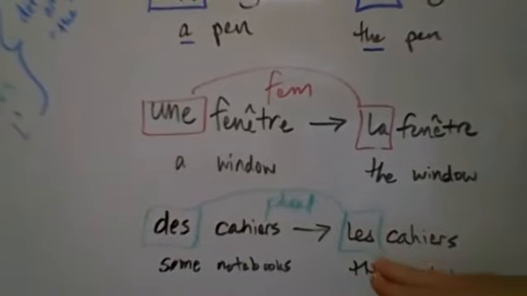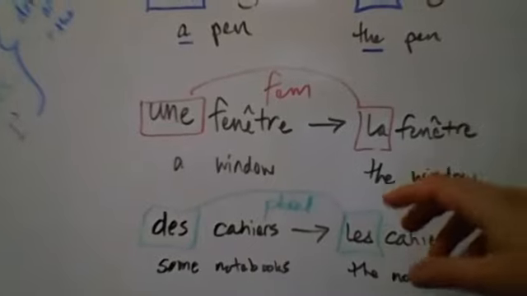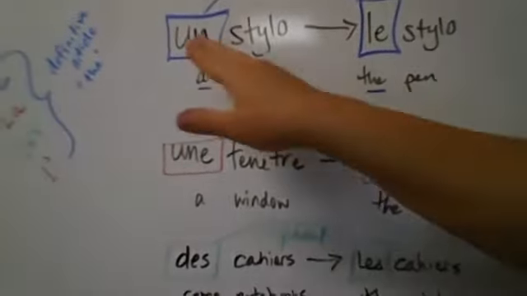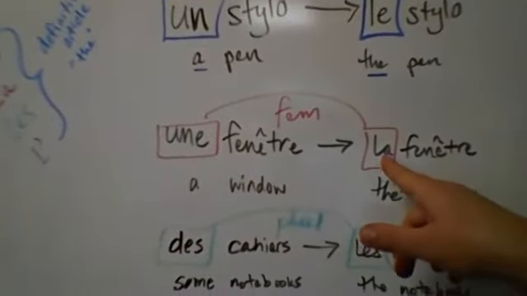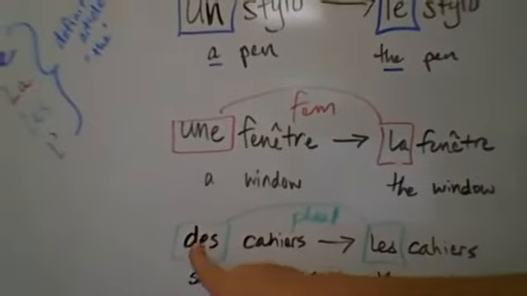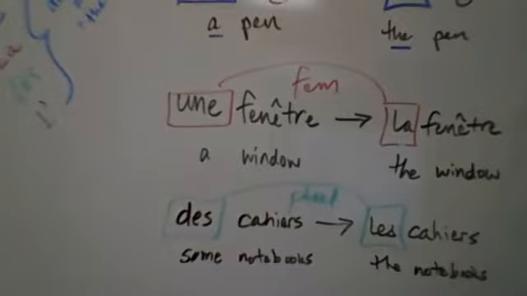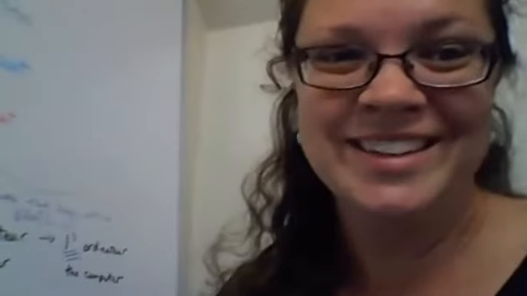I'm talking about these specific, the notebooks here. So you have a masculine form, un and le, une and la for the feminine form, and des and les for the plural form. Now, attention, as usual, there's a little exception to any good rule.